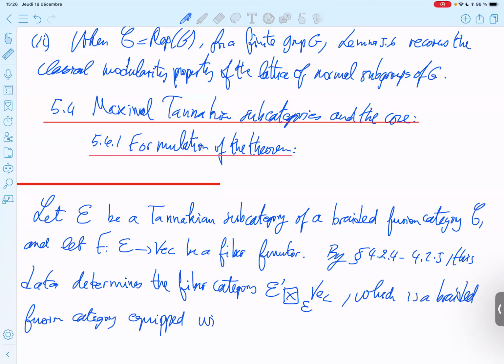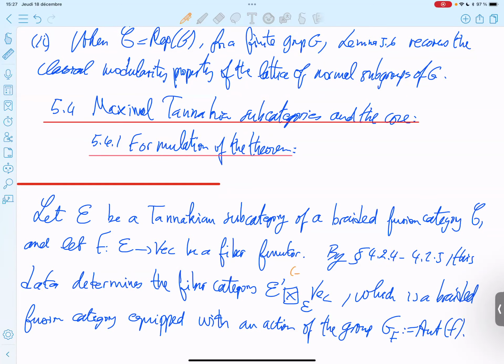This one, remember, is the de-equivariantization by G_F. So this action can be restated in a categorical way.